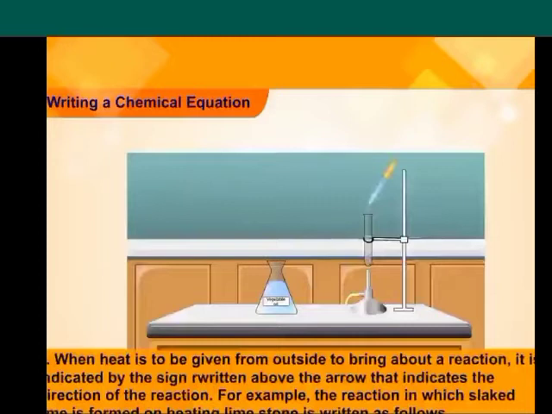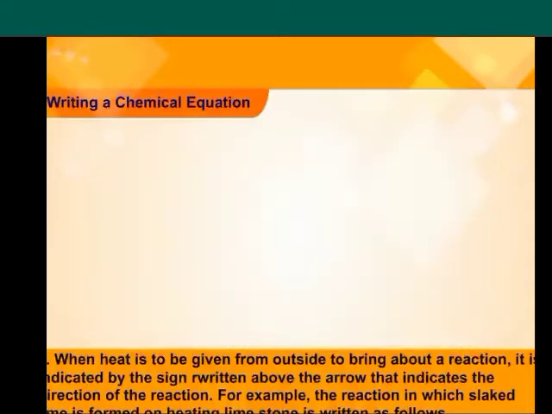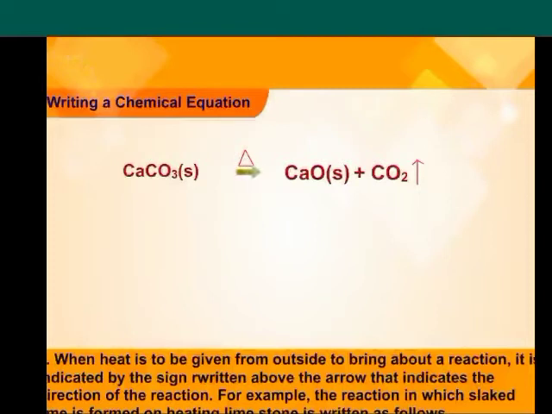Point number 4. When heat is to be given from outside to bring about a reaction, it is indicated by the sign triangle written above the arrow that indicates the direction of the reaction.